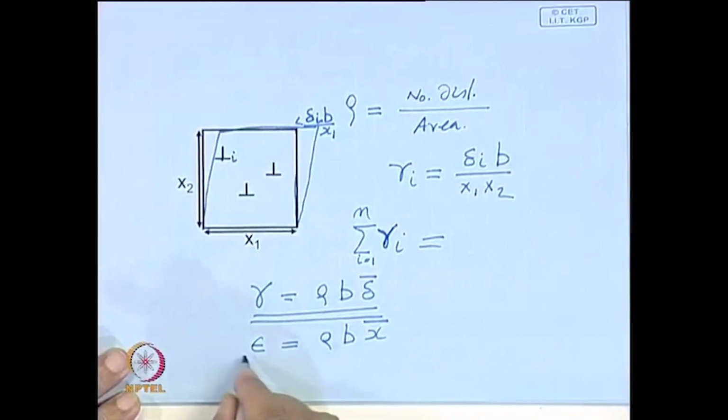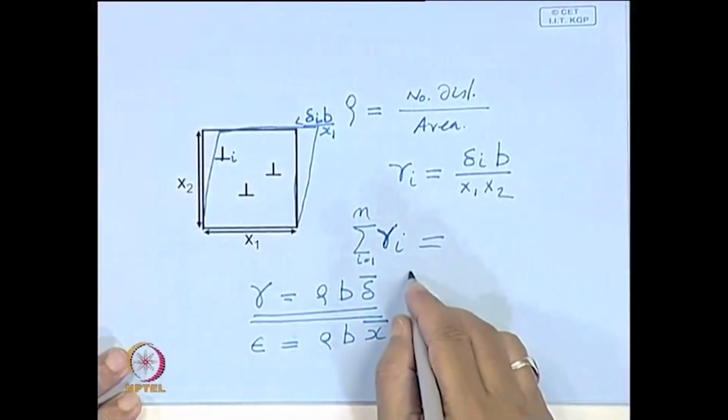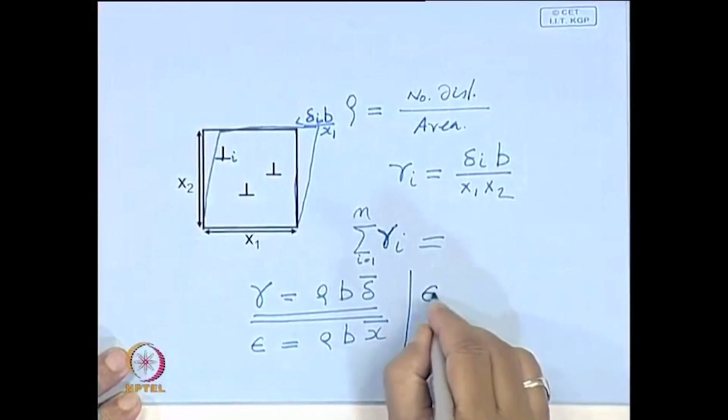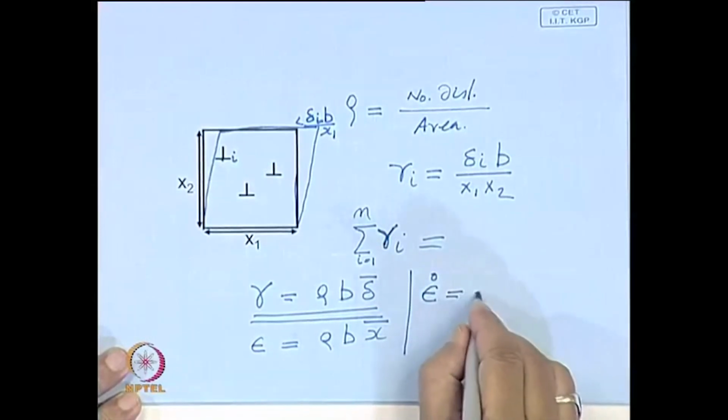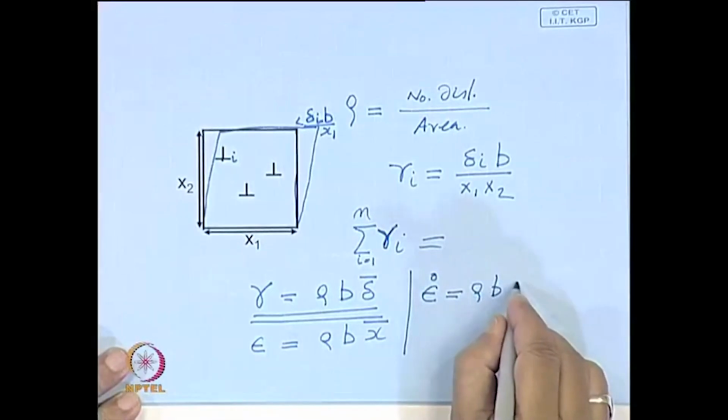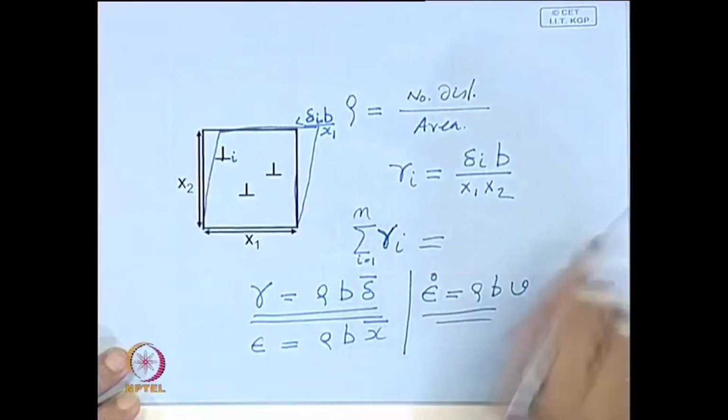If we convert it into strain rate, the strain rate will be rho b times x dot, where x dot is the velocity of the dislocation. This is the strain rate.